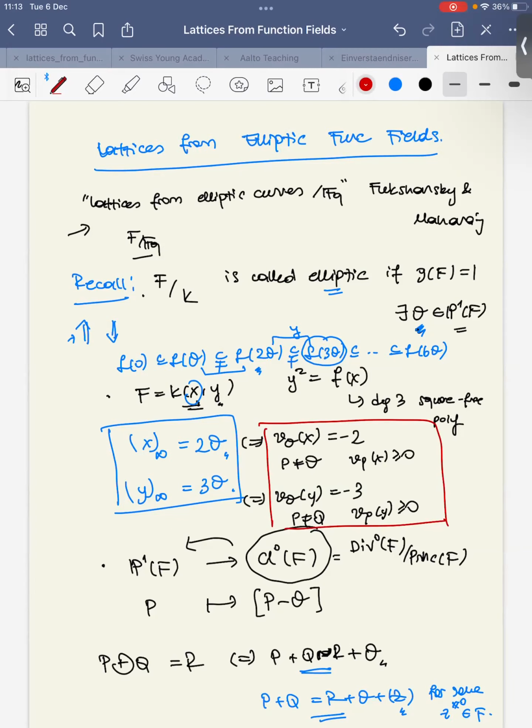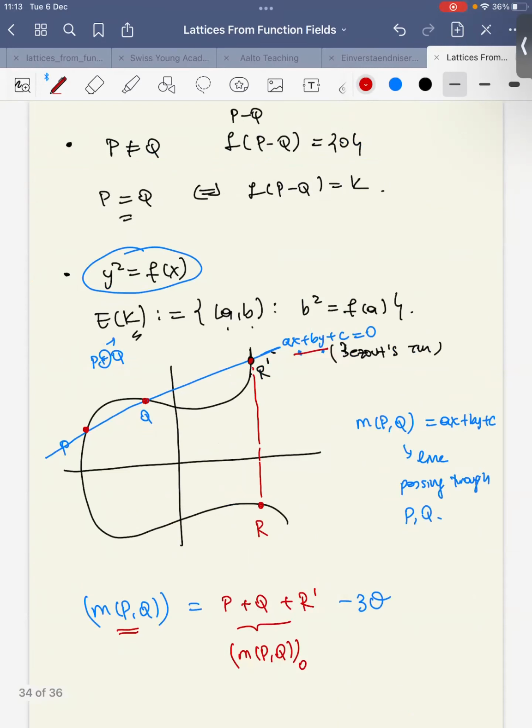Thanks to this fact, we can see that O is the only pole of this transcendental, this line, and its multiplicity is 3 by working with the strict triangle inequality.